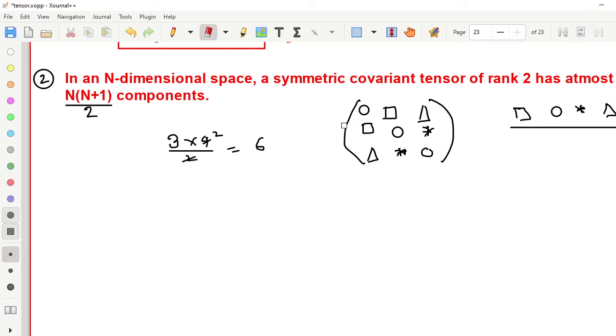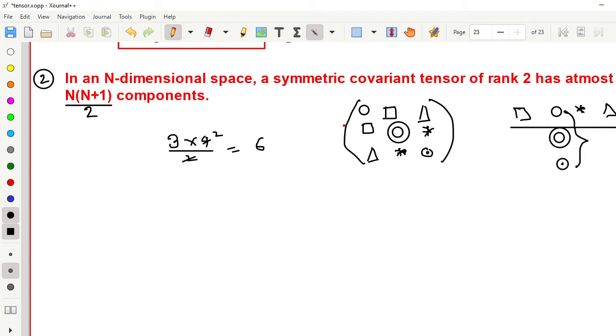Why are you writing the diagonal all with circles? Why should every diagonal element be the same? So this is another type of element in the diagonal, and this one is another type of element. Not only is this circle there, but along with that you have a double circle and a circle with a point also. So count how many types of elements there are. There are 3 types of element in my diagonal and 3 types of element in the non-diagonal.